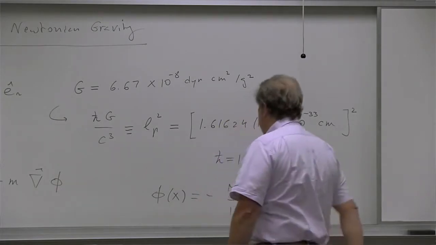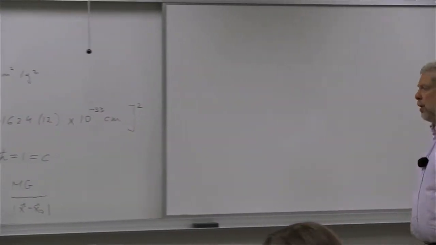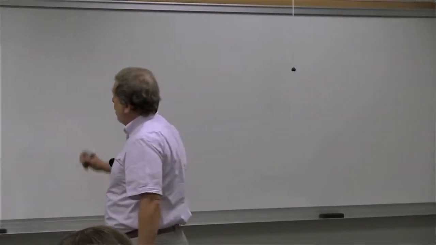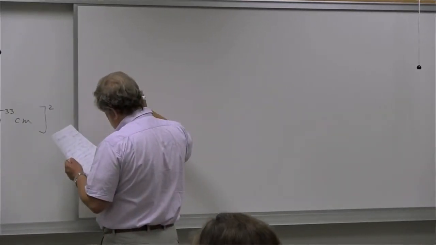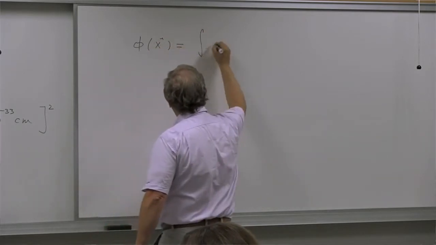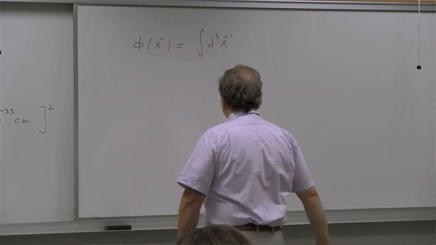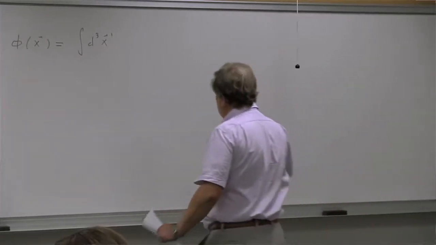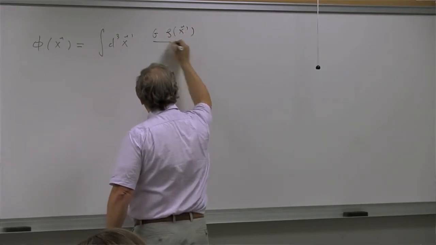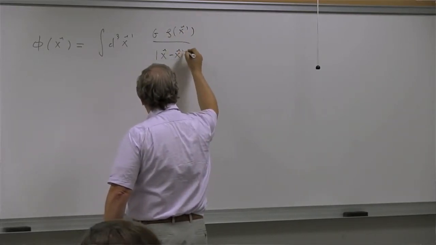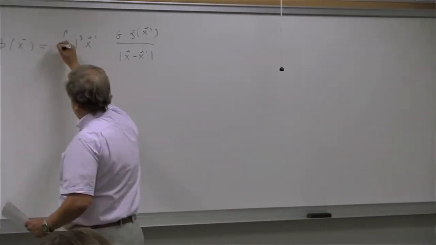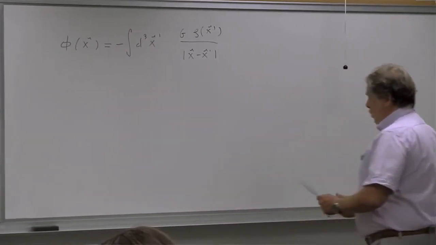We can write down the potential for a point source in this form, and then from that calculate the gravitational force. In general, for a mass distribution, phi of x is equal to an integral d3x prime of G times rho of x prime, some mass distribution, divided by the magnitude of x minus x prime, just like we do later on in electromagnetism, with a minus sign in front, because this potential is attractive.